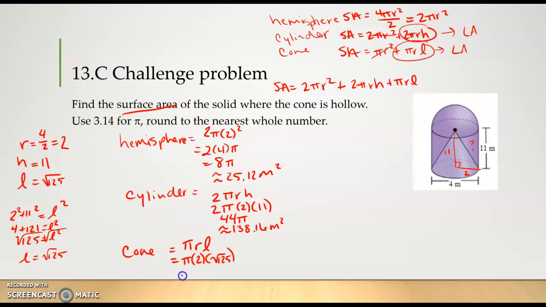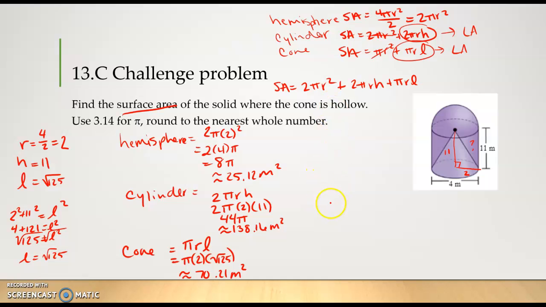When we multiply those together, we get approximately 70.21 meters squared. And I'm going to be honest, if I didn't have the square root here for the 125 and they were all whole numbers, I would have just found 8 pi, 44 pi, and whatever the other one could have been in terms of pi, added them all together, and then multiplied by 3.14, because that gives us a more accurate answer. But because this is a square root and it was already an irrational number, we just went ahead and rounded all of them.